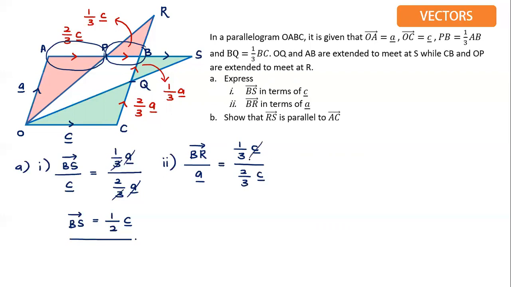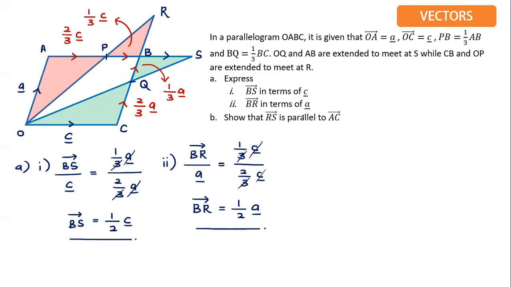As usual, we can cancel this one, and 3 and 3 cancel. If you simplify this whole thing, you're going to get 1 over 2. So your BR is going to be 1 over 2A. So this is your answer of BR. Okay, done. We already settled question A.